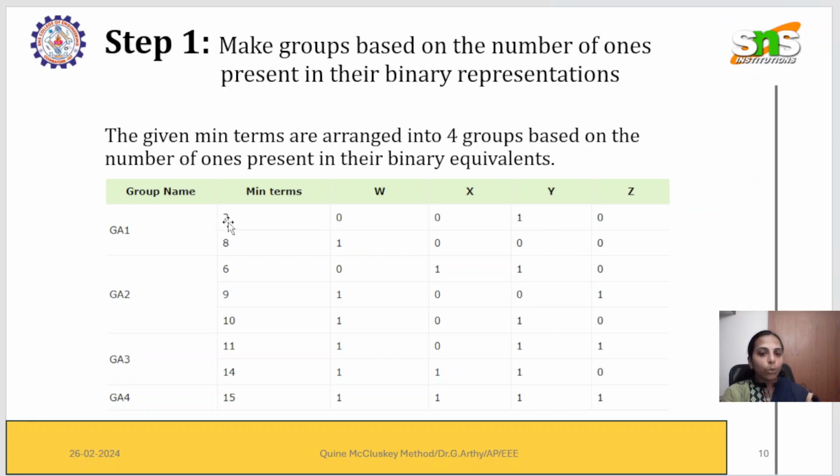So again 2 is compared with 10. See here, it is 0 and for 10 it is 1. So 1 bit variation. Here it is 0, 0. Here it is 1, 1. Here it is 0, 0. So only the W position changes between 2 and 10, right? So 1 bit variation.